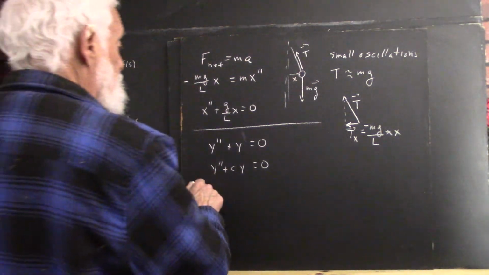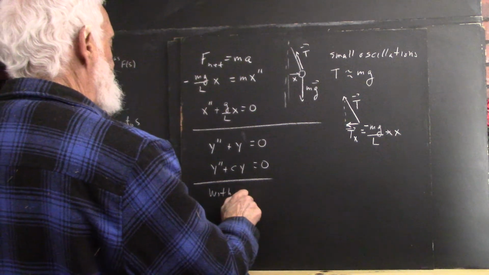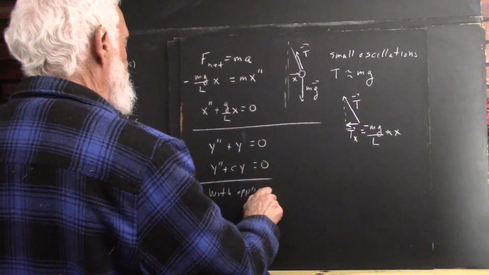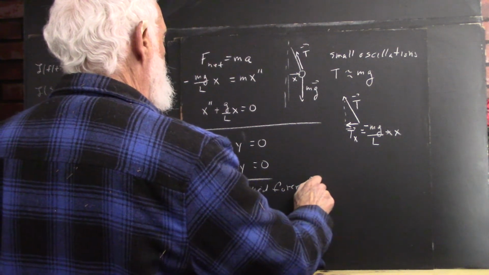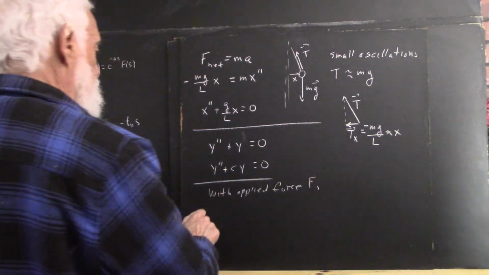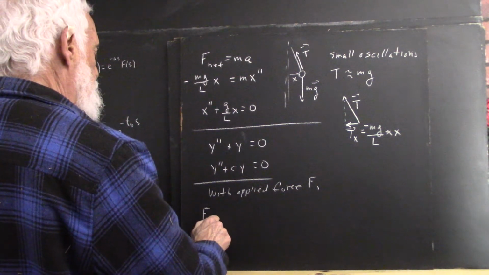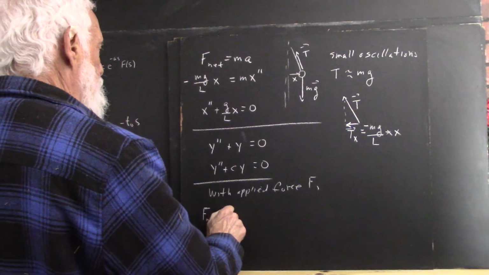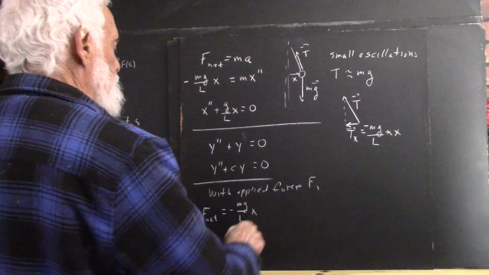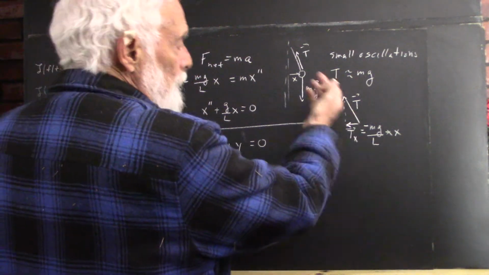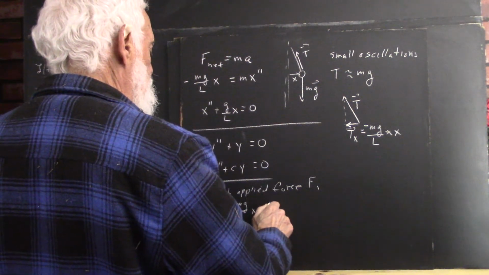So with an extraneous force, let's call F the applied force. F net now equals negative mg over L times x, because the string still has a tension, still pulling the thing back, plus whatever your applied force is.